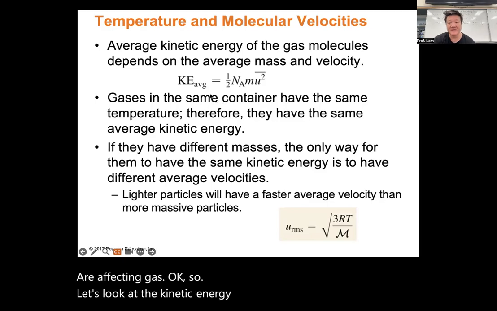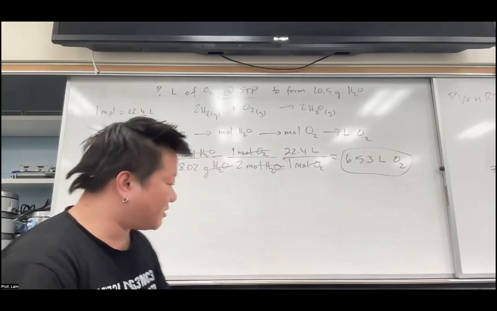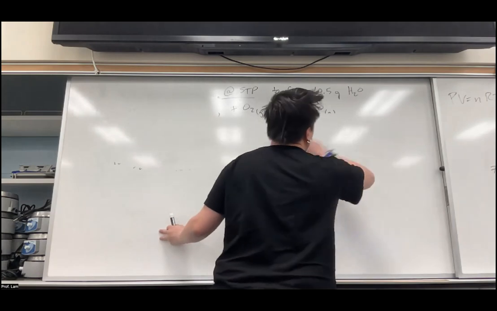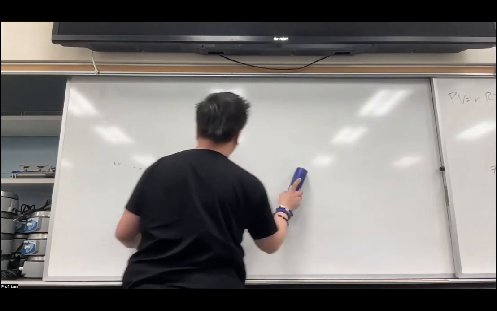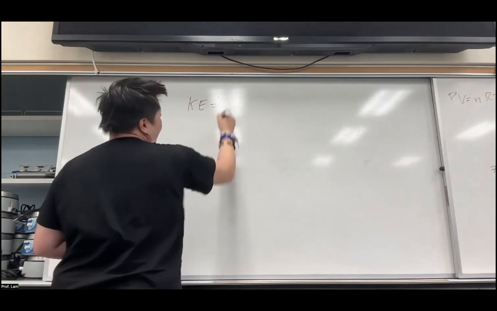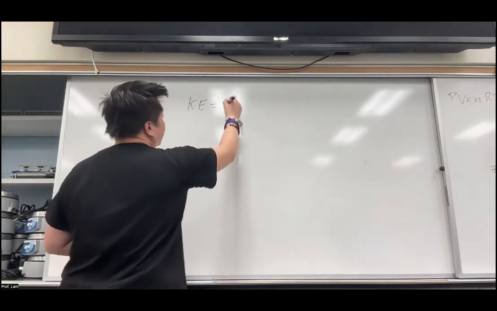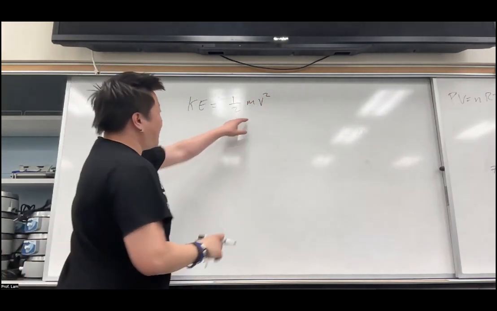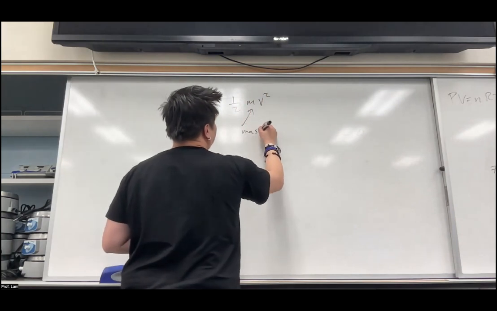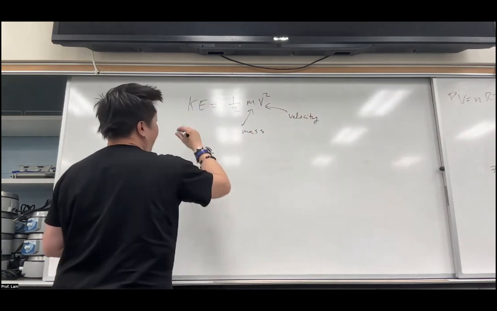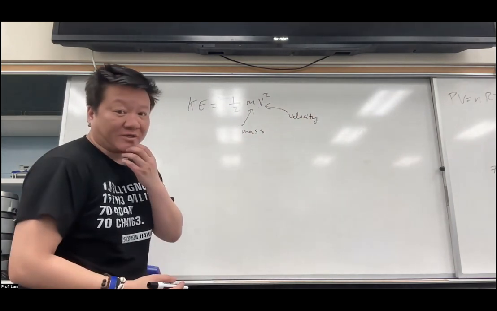I actually don't like this rendition of it, so I'm going to show you guys another, easier to digest equation. So kinetic energy is equal to 1/2 mv squared. Okay, m is standing for mass, v is velocity, and then KE is energy.